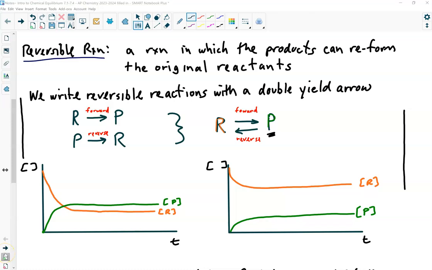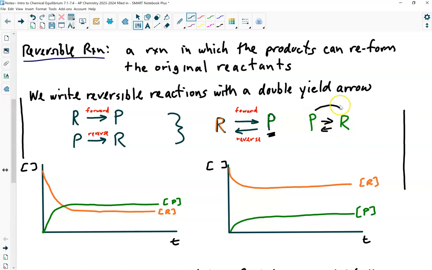So with the double arrow, when you have this terminology, left to right is what we would call the forward reaction, and right to left is what we would call the reverse reaction. Now let's think about this. We could actually write this the other way, and it would still be reversible, right?